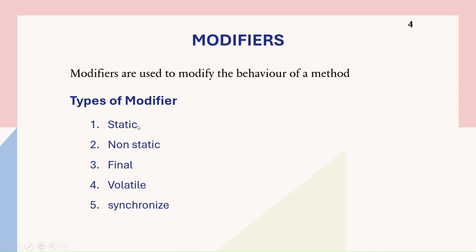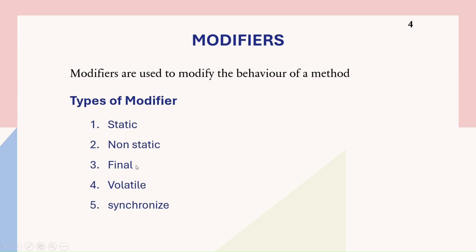If you mention static, your method behaves like a static, and you can call that method using the class name. Or if your method is non-static, like public void, that kind of method is called a non-static method. If you want deep knowledge about static and non-static, I also made a video. You can go and check it out. Final means your variables, whatever you declare, will be final.